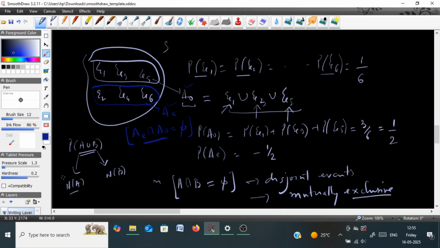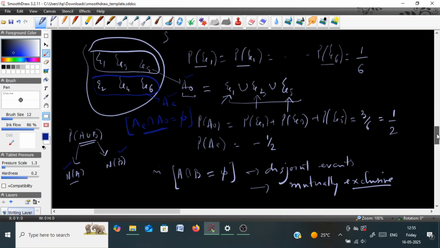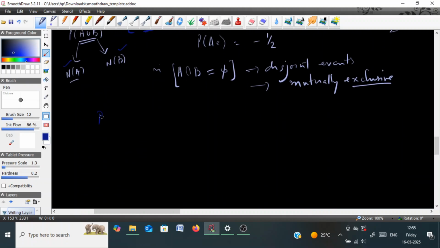So if A and B are disjoint events or mutually exclusive events, and you are trying to find the probability of A union B, then the probability of A union B will be simply the limit as n approaches infinity of NA plus NB divided by n. Because NA is the number of times event A occurs, NB is the number of times event B occurs.